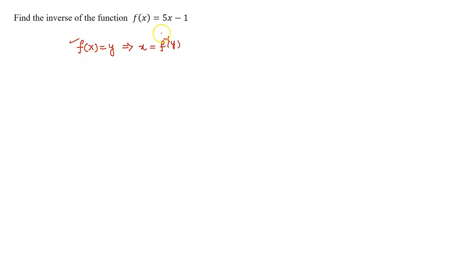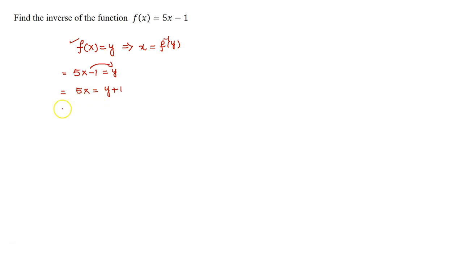So f of x is equal to y. What is f of x? It is 5x minus 1. So 5x minus 1 is equal to y. Now from this equation, I have to solve for x. I don't want this number, so move it to the other side: 5x is equal to y plus 1.